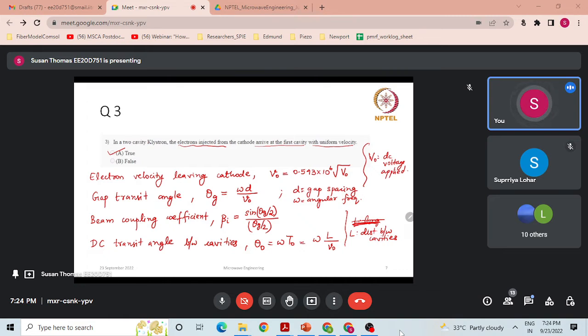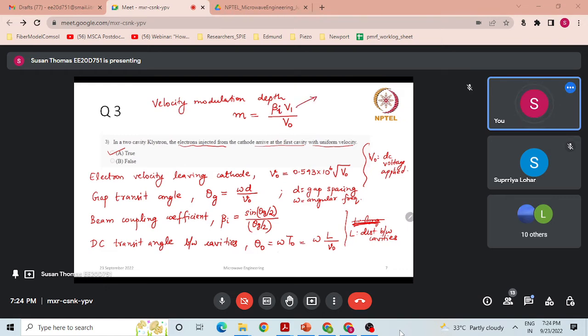And there is one more equation to tell you, the velocity modulation depth. Velocity modulation depth m is equal to beta I into V1 by V naught. So this is beta I basically.